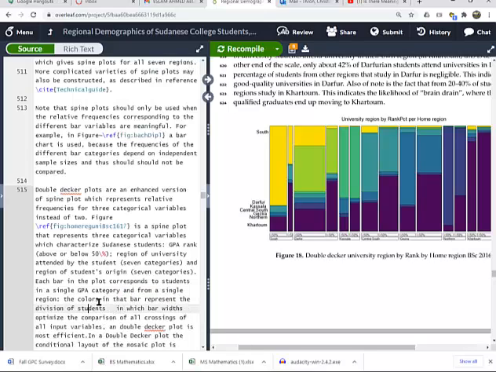The division of these students among regions represents how these students are divided among the different regions of Sudan.